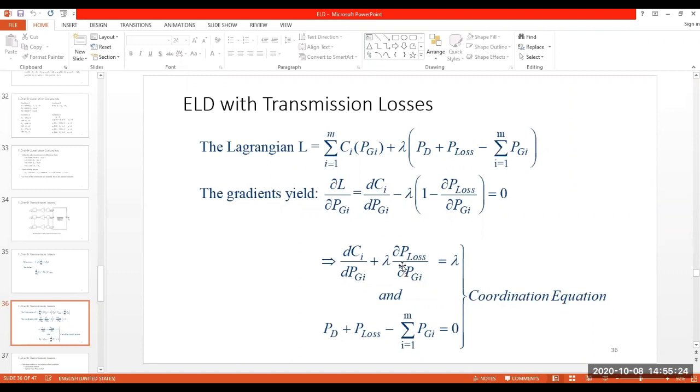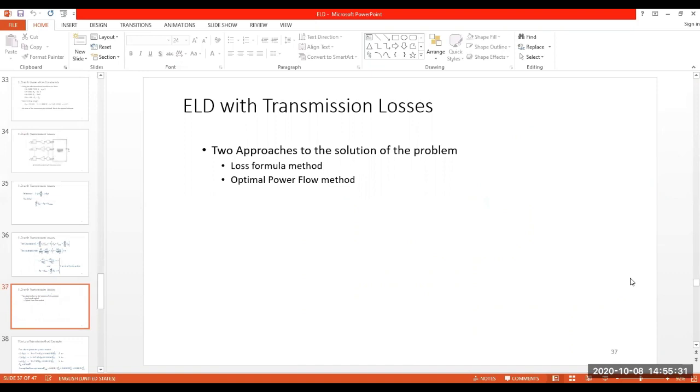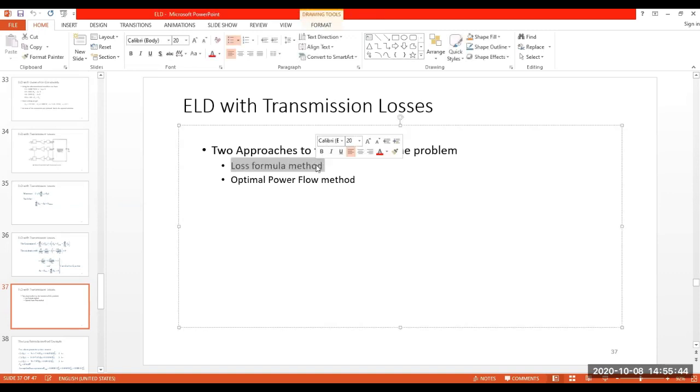Now we need to know the explicit expression of P loss. Before that, there are two approaches being listed here, although there are actually many other approaches. In this course, we will be focusing on the loss formula method, which will be taken here as an example.